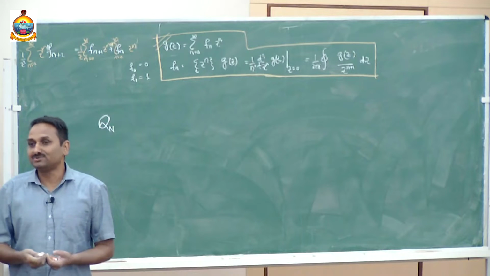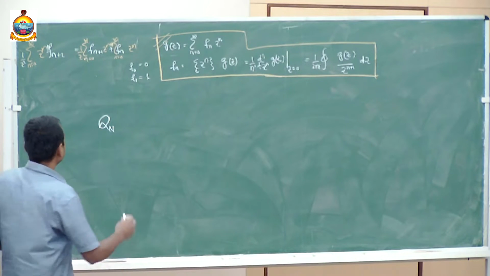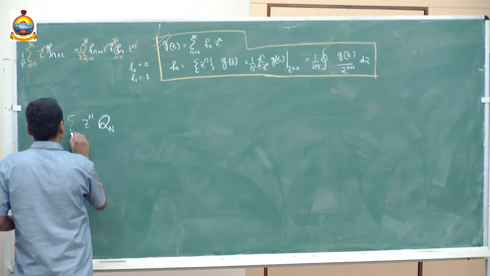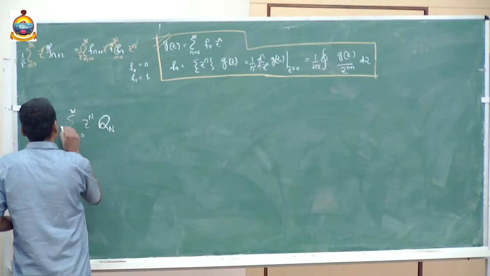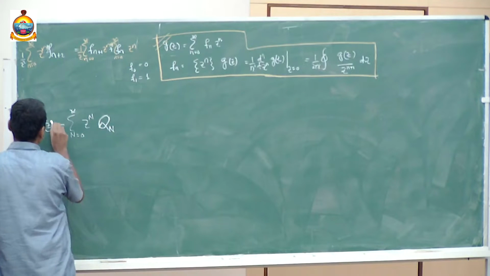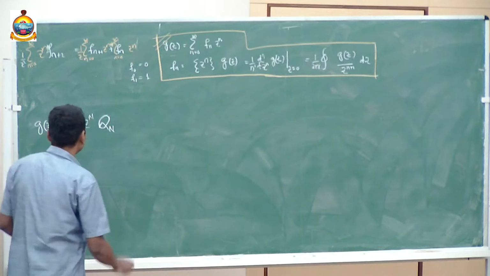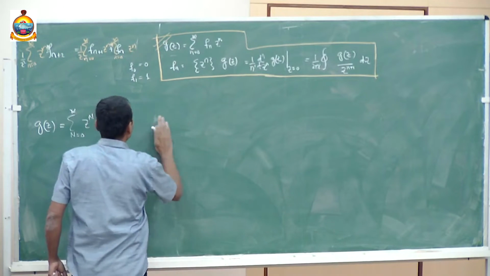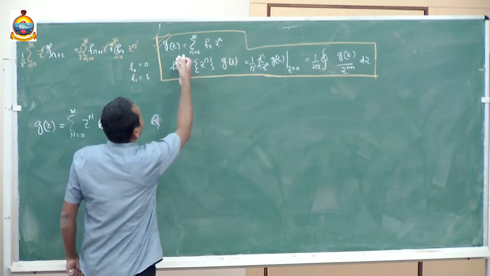In general, if you want to write a generating function of Qn, that will be just Qn z to the power n, summation over n equal to 0 to infinity, and you call it some g(z). That's your generating function, and with a motif like this one, Qn is again given by this formula.